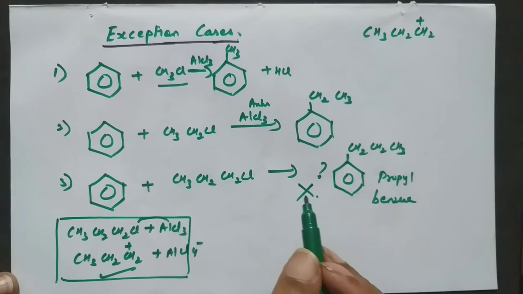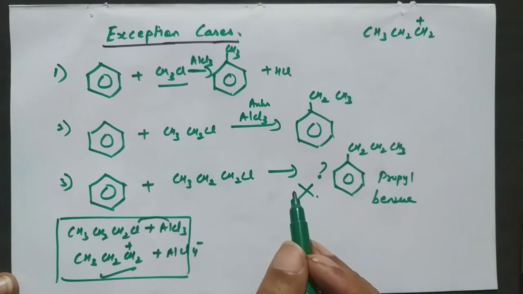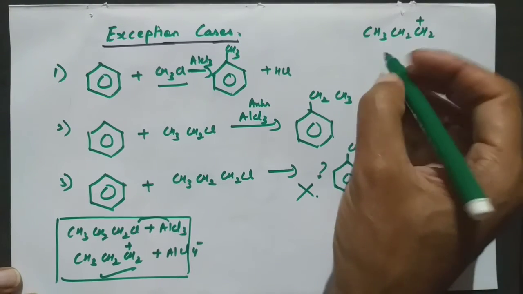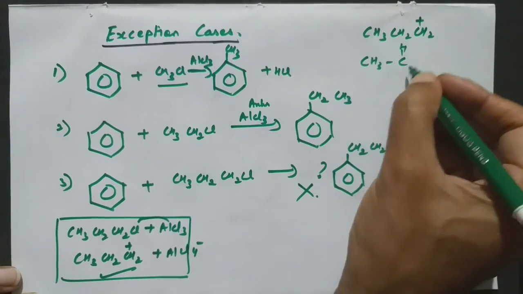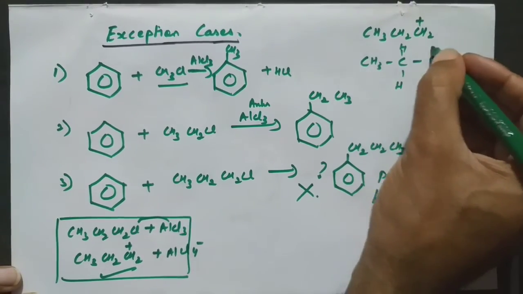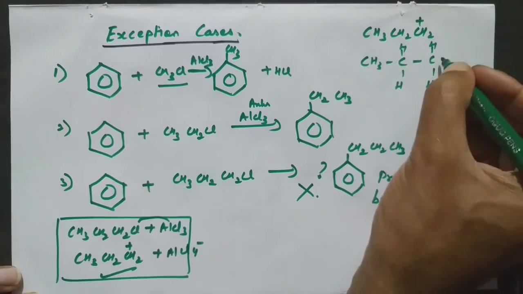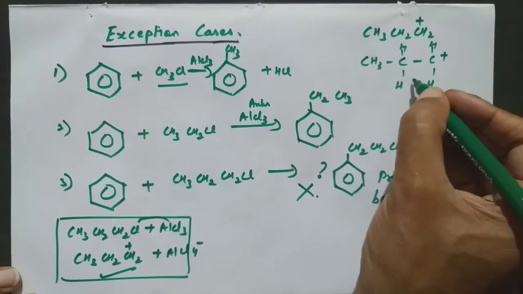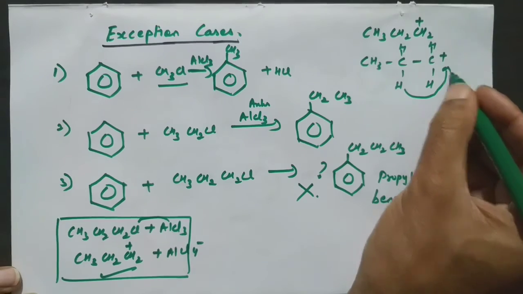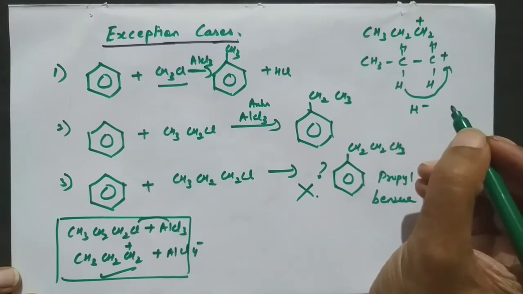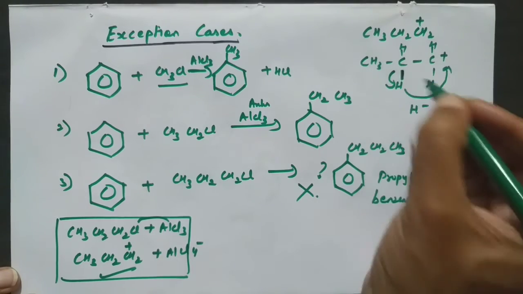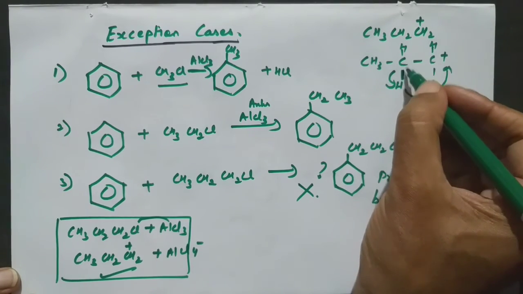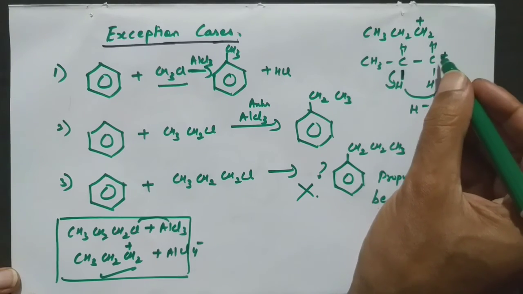We know that secondary is more stable than primary. So if I write CH3, then a carbon with hydrogen and hydrogen, and a carbon with hydrogen, hydrogen and a plus charge, one hydrogen will move there. It is a hydride shift. A hydride shift means that if this carbon-hydrogen is there, it will take both electrons, because between carbon and hydrogen we have two electrons, and it will go and attack there.